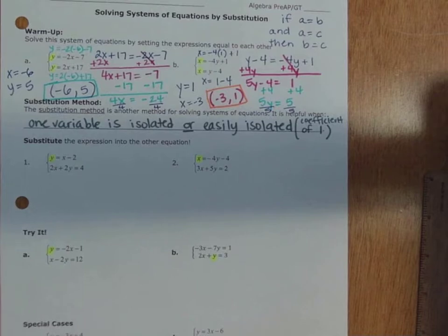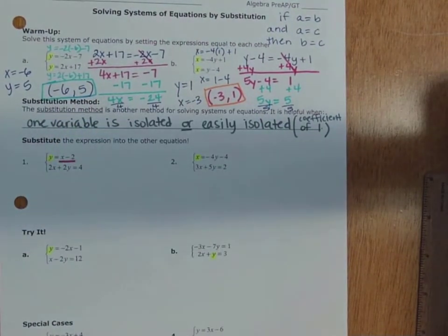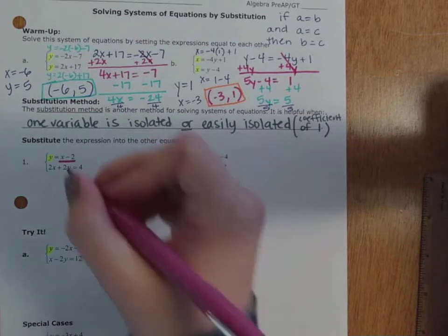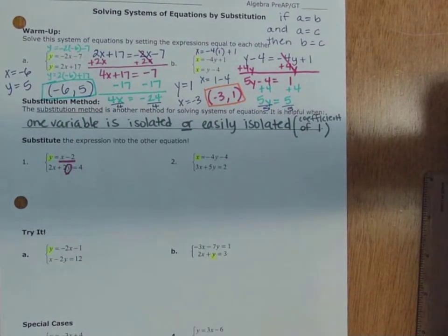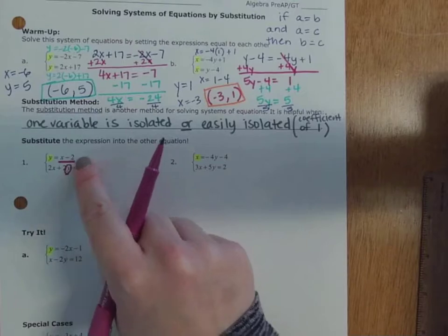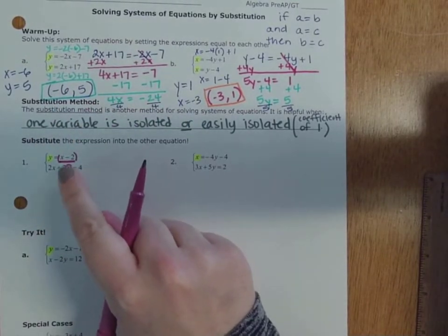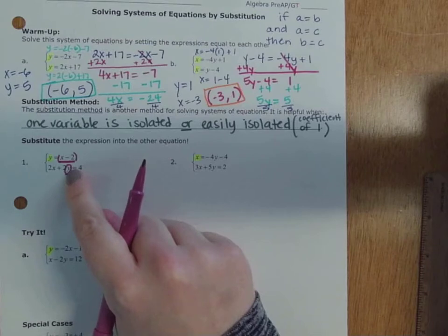So I can see that Y equals X minus 2. So what I'm going to do is I'm going to take that and use that in the second equation instead of using Y. I'm substituting this information in for my Y value in the second equation.